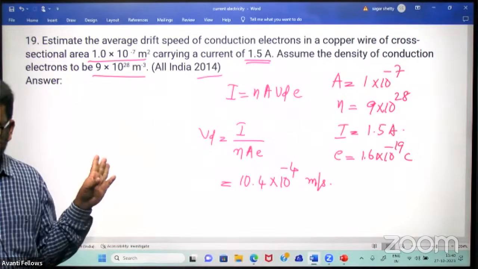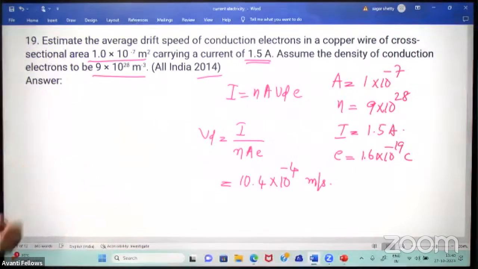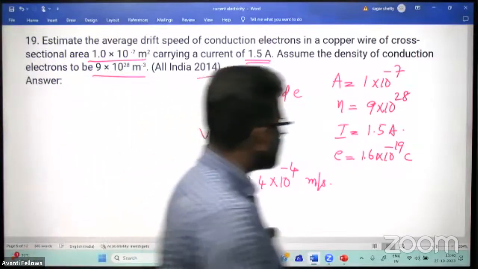This is a typical question. Most of the time it appears in the board exam. Okay, we'll move on to the next question.